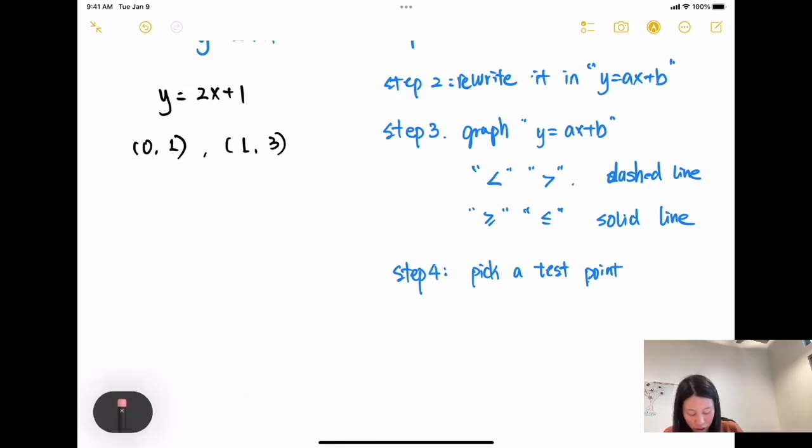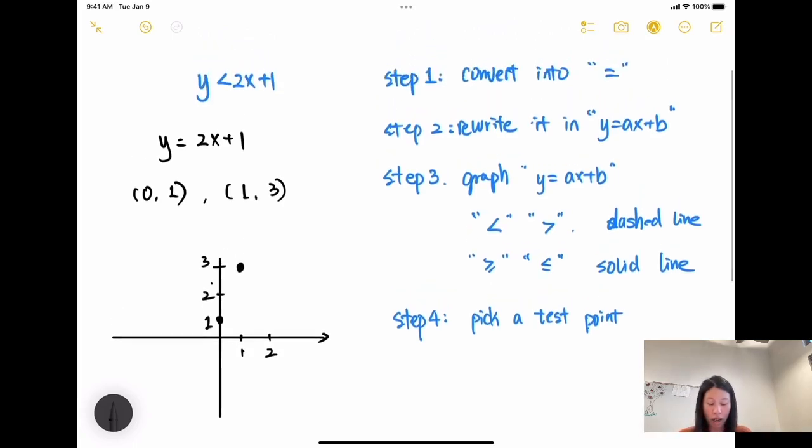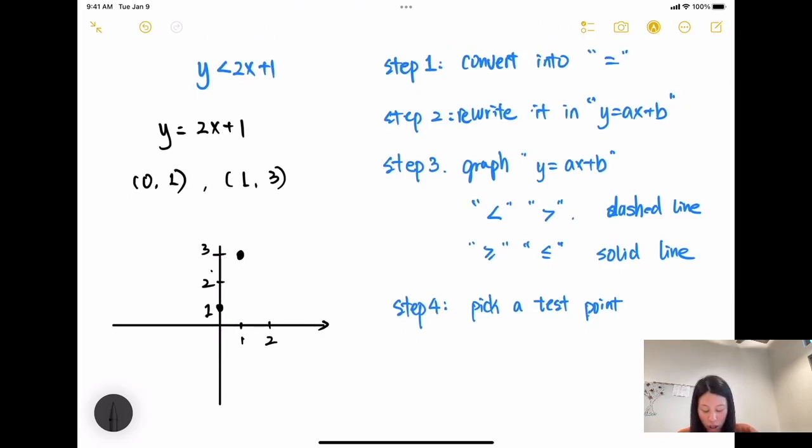Let me draw the graph. So I have 0, 1 here, and 1, 3. So the second point would be here. So now I have 2 points. Normally we just connect these two together to have a line.